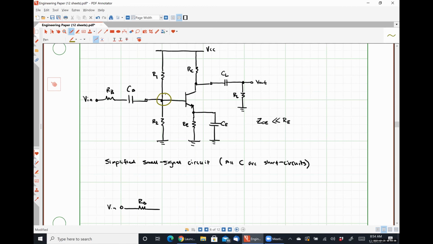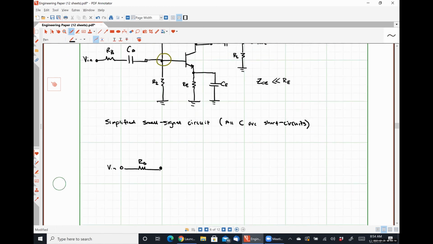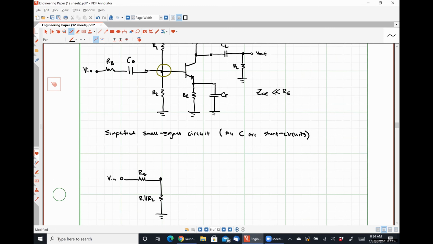How are those two resistors connected? They are in parallel. All right. Now I have my transistor.